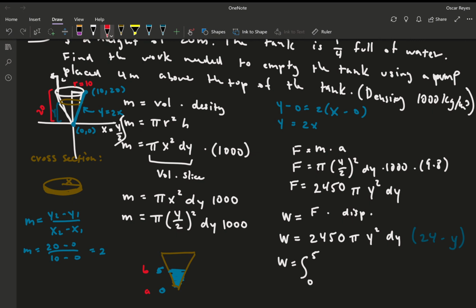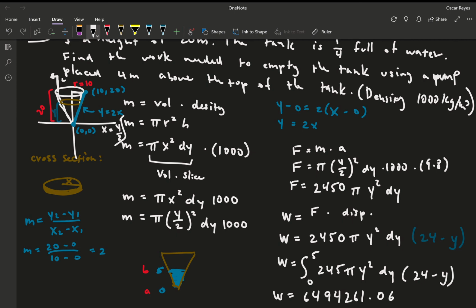So now we just go ahead and fill everything back in. 2,450 pi y squared dy, displacement of 24 minus y. Okay, and then we plug that into our calculator, and we're going to be left with 6,494,261.06.